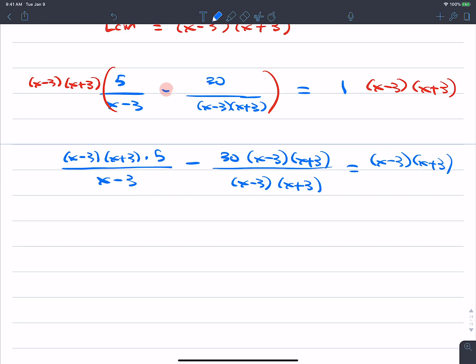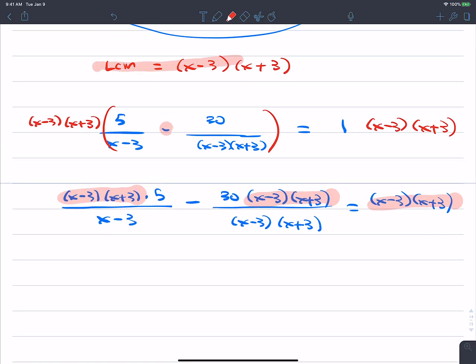If you guys remember, my LCM gets multiplied to the first term, the second term, and the last term. So I did end up multiplying every term by this LCM.